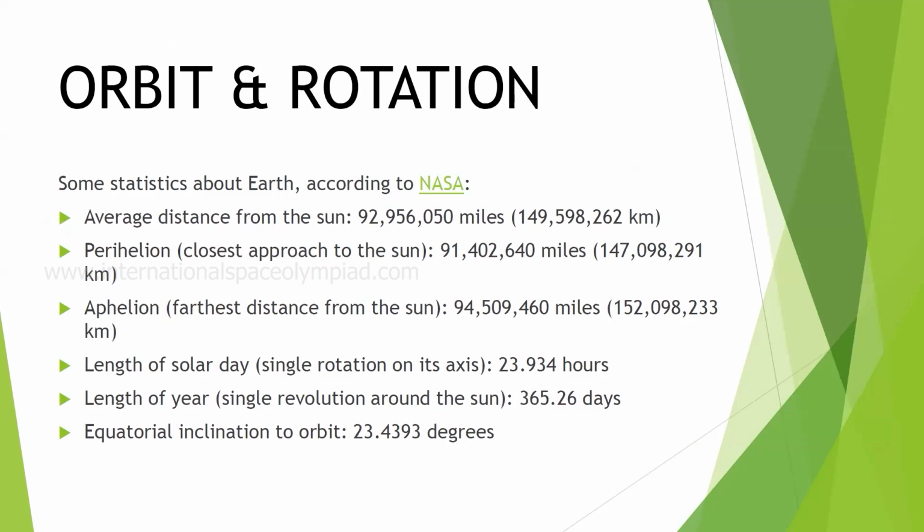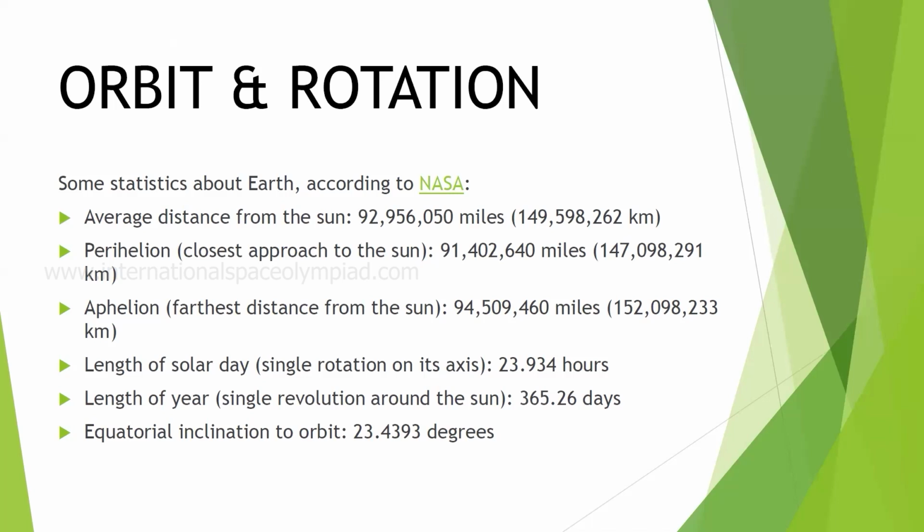Now let's have a look at some of the statistics about Earth. You don't need to memorize all these numbers by heart, but just have a look at it. Average distance from the Sun is called one astronomical unit. It is 1.5 into 10 raised to 8 kilometers.